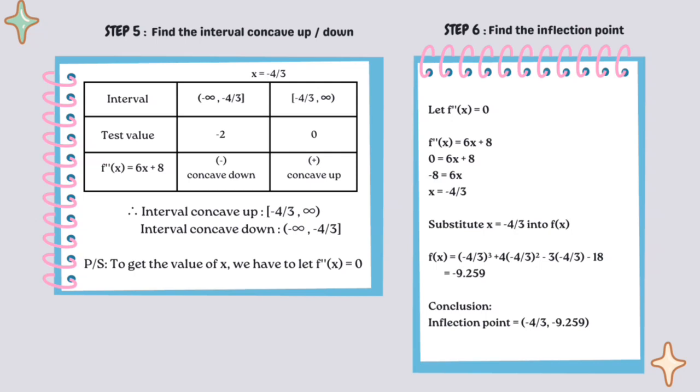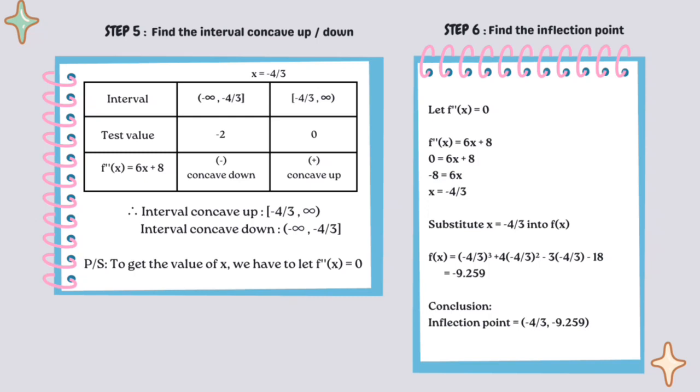So what we will do here is make a table of interval and test value. For the intervals, we will use (-∞, -4/3) and (-4/3, ∞). For the first test value we choose -2, and for the second test value we choose 0.